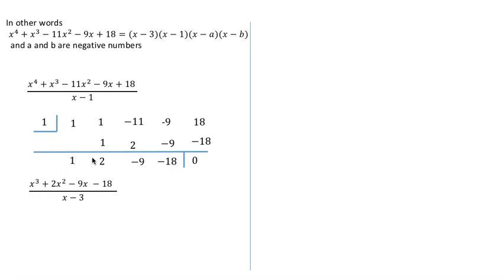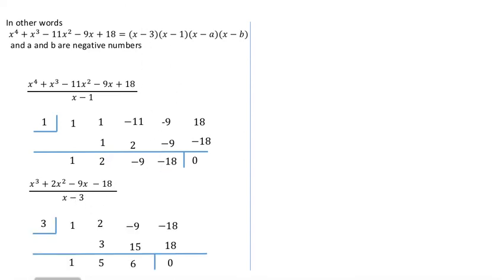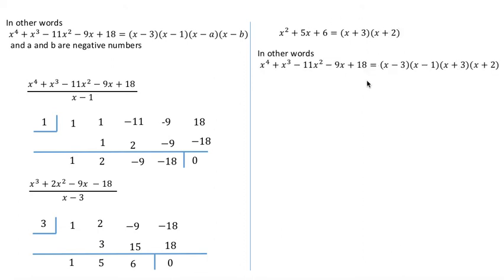That's 1x cubed, 2x squared, minus 9x, minus 18, no remainder. If I divide that by x minus 3 here, I get a quadratic, 1x squared plus 5x plus 6, which I can easily factor. So now what I've done is I've factored my original quartic here.